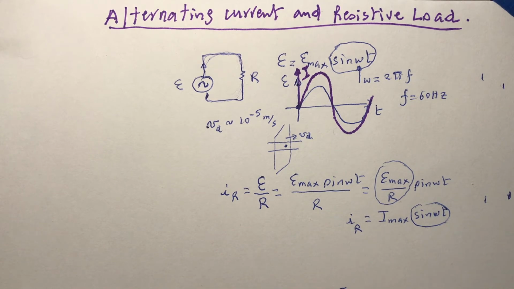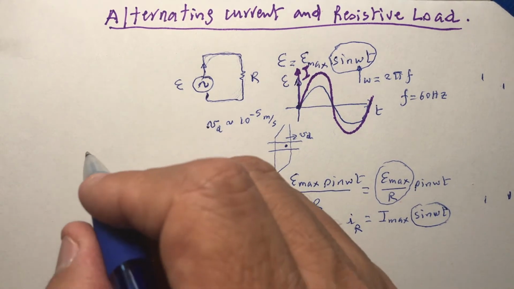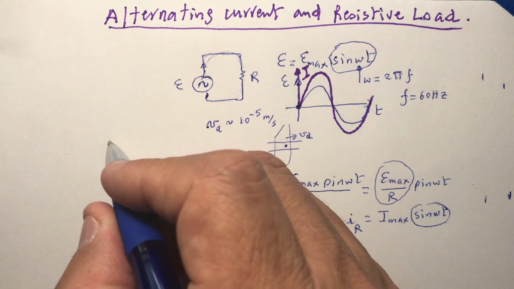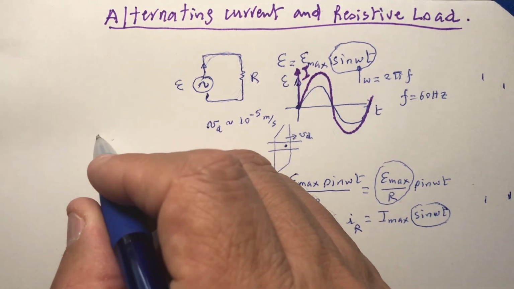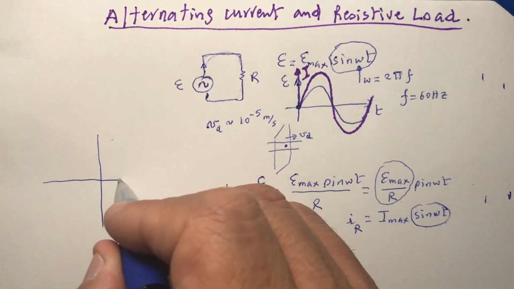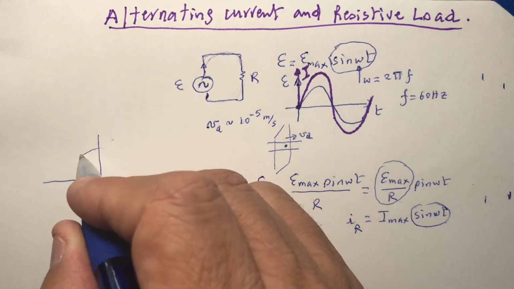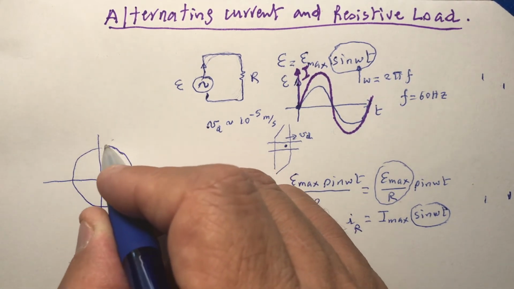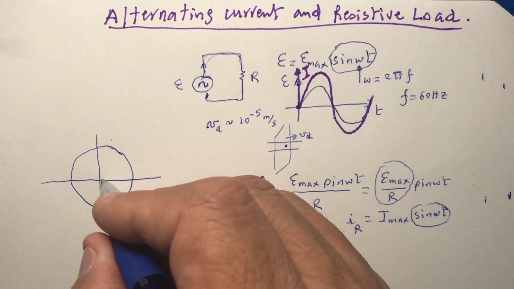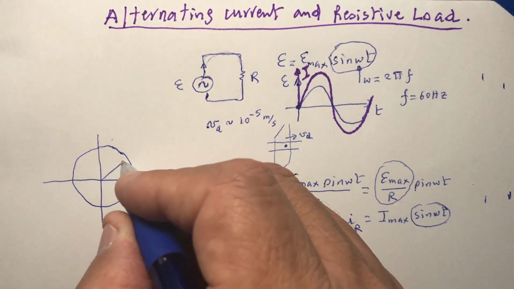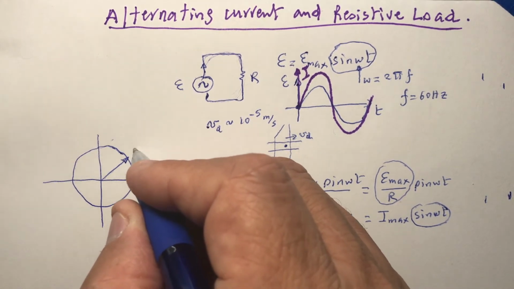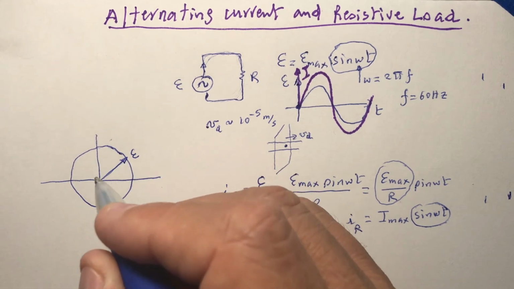So if we look at phasors, for example, let's go to the trigonometrical circle. So here is the trigonometrical circle here, and here is the circle here. So we can say, for example, here is I, the voltage I is a phasor.